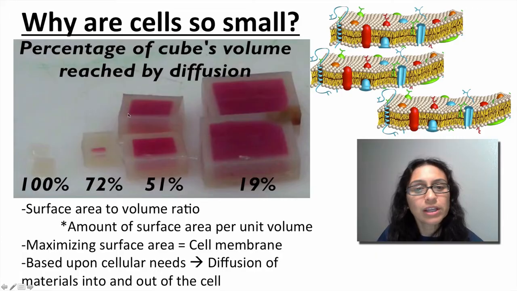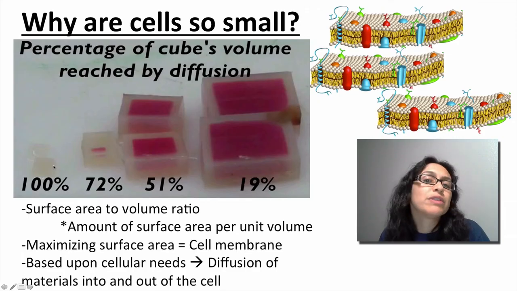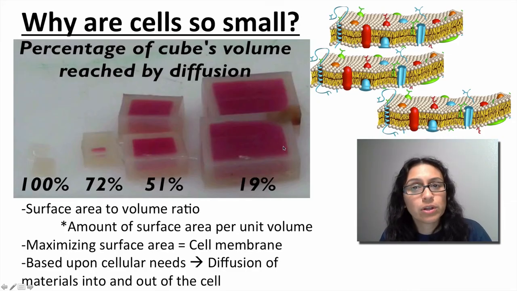Now, if we take a look here, we did these agar cubes in class, and what you see is the smaller sizes, which represent smaller cells, have greater surface area to volume ratios compared to the larger ones.